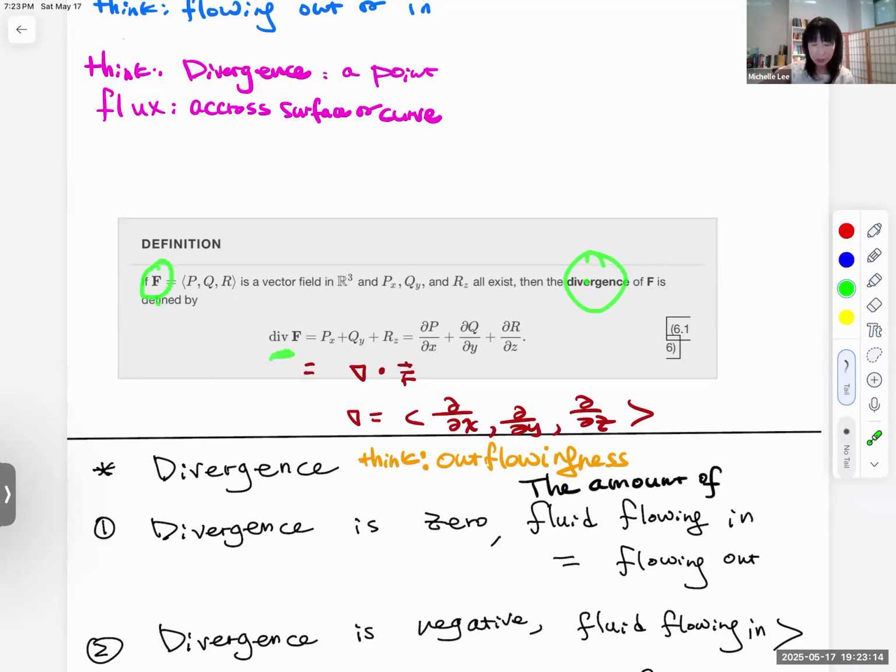We have a vector field F with components P, Q, R. Then we take the partial derivative with respect to x of the component P, the partial derivative with respect to y of Q, and the partial derivative with respect to z of R. This is the same as the dot product of del with the vector field F, where del is the partial derivatives with respect to x, y, z.